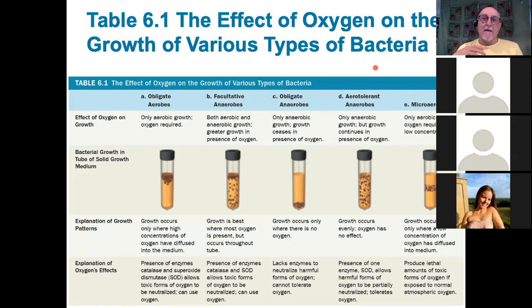And sometime later, about 500 million to 750 million years later, a group of prokaryotes evolved the system of photosynthesis. They evolved a system where they could take carbon dioxide and water, put them together to form sugars.